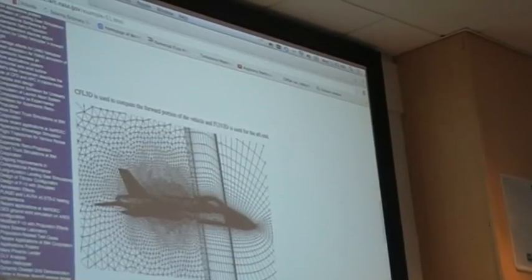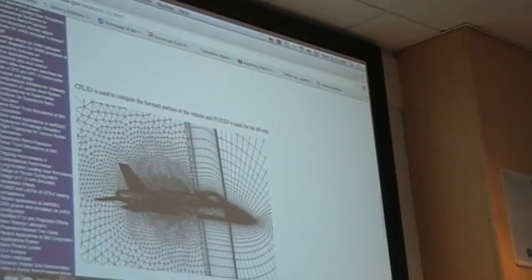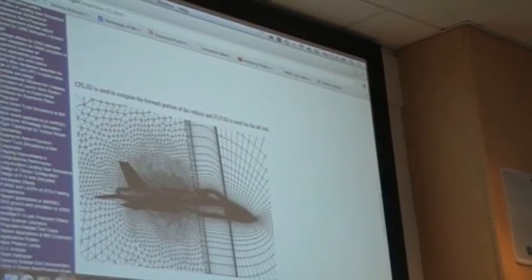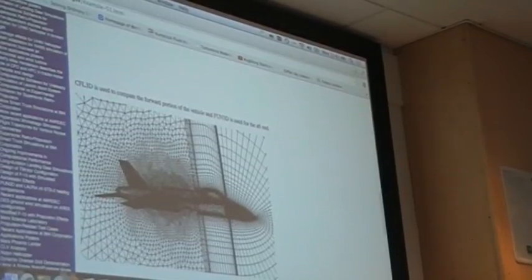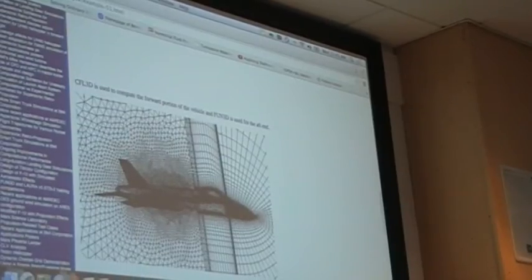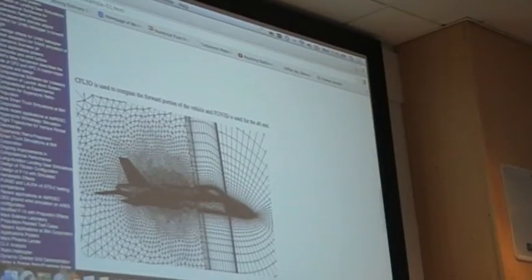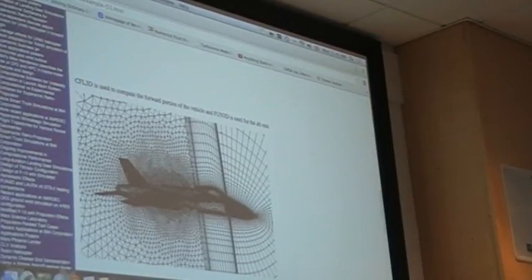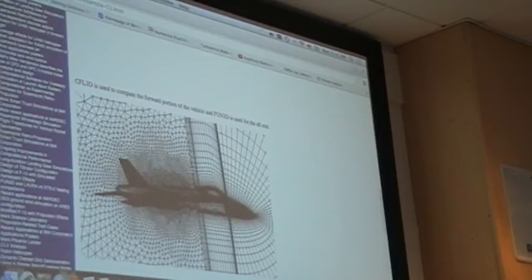But still, it was so complicated that the grid generation was the bottleneck in computational aerodynamics. So they took months to get good grids. And then in the 90s, people started to develop unstructured grid methods, which are much more flexible in grid generation.